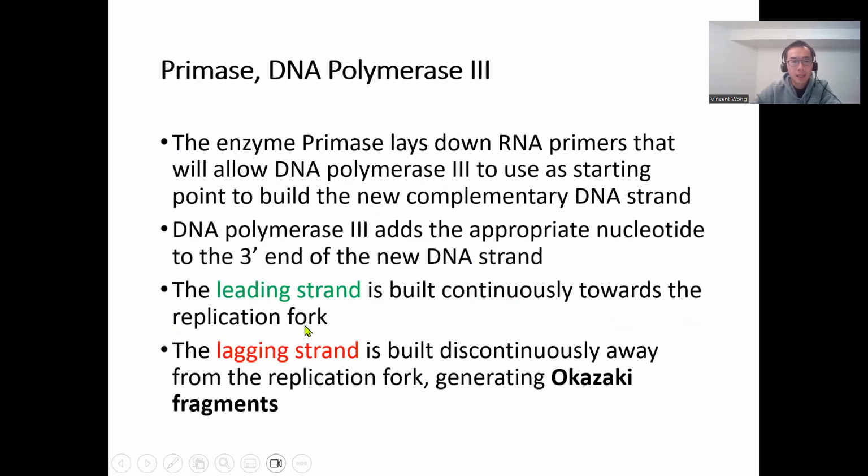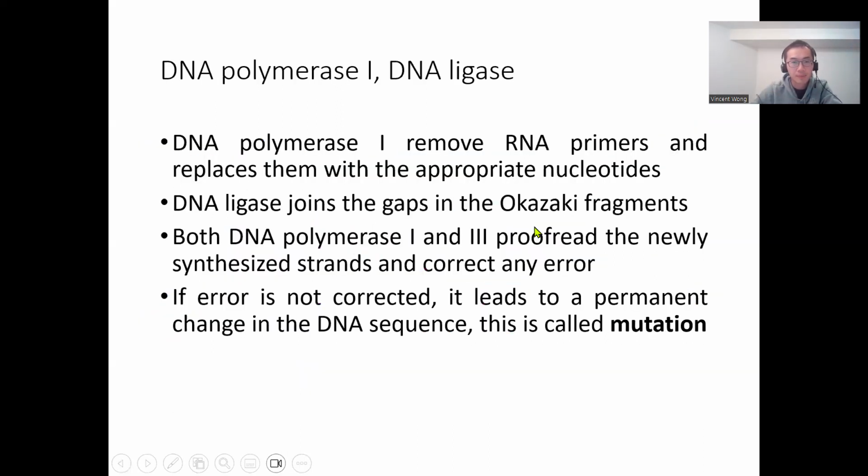All right. All these we talked about already, so I'm not gonna read them to you. I will read this to you. This is basically what I just told you. DNA polymerase 1 removes RNA primers and replaces them with appropriate nucleotides. Most of the time, it's just the same thing, right? Like for the A, C, and the G, they just change it to A, C, and G. Like there's no change basically.